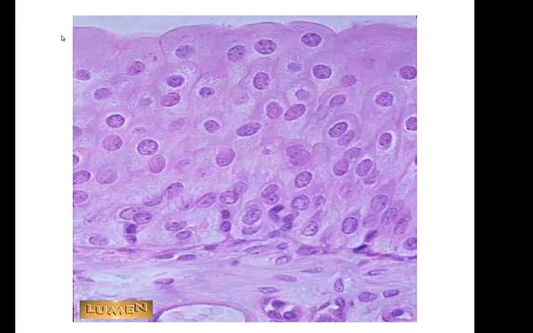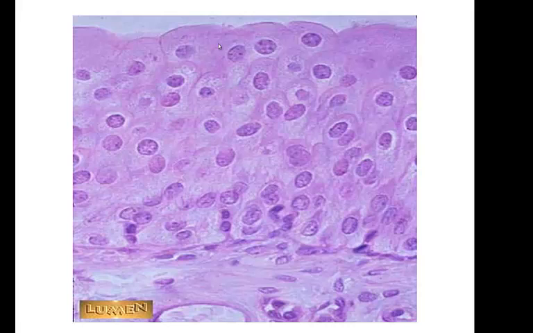Now this is transitional. This is a type of stratified epithelium because you do have many layers, starting here and going all the way up. But we can't call it stratified squamous because see the top cells, they're not squashed. And we can't call it stratified cuboidal because they're not so cuboidal. We call it transitional because this type of stratified epithelium goes through transitions.